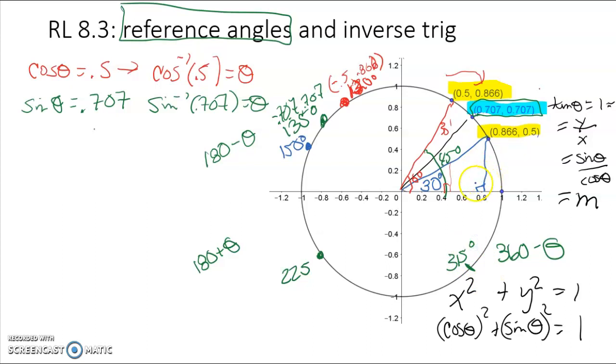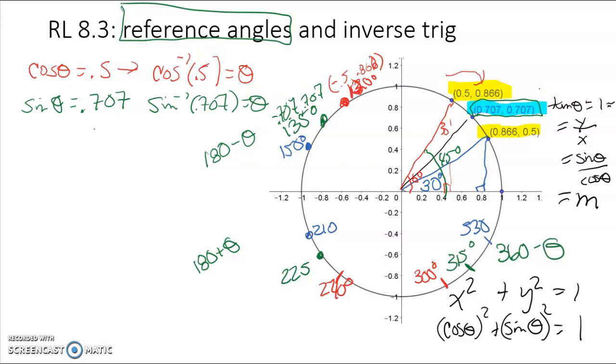Let's go to the 30 ones. 180 plus 30 puts us at 210. 360 minus 30 puts us at 330. For the red one, 180 plus 60 is going to put us here at 240. And 360 minus theta is going to put us here at 300 degrees.